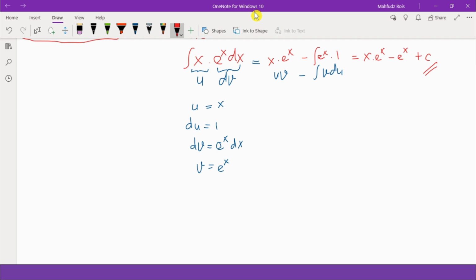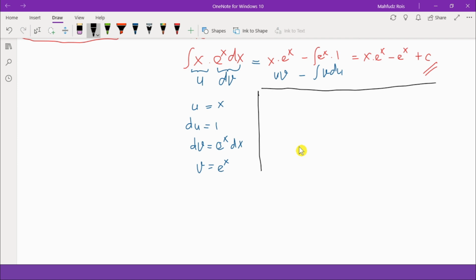All right. Now, if you don't believe that this is the result of this integration, we can do the reverse, the opposite. It means we need to find the derivative of this.